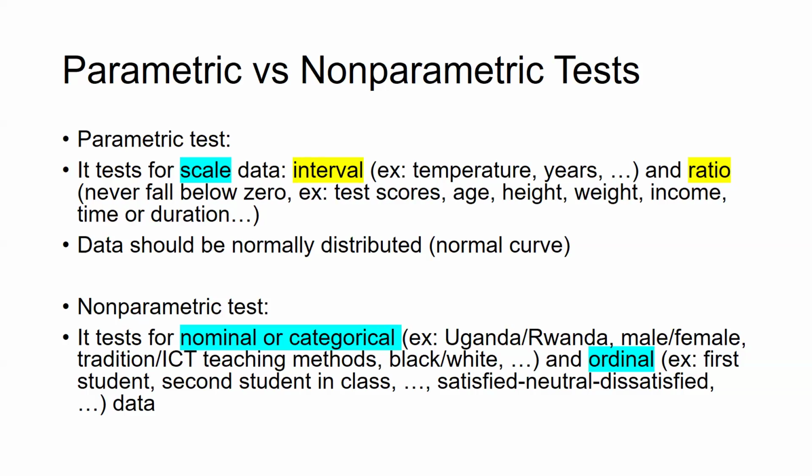Scale data are also called ratios or intervals. Intervals such as temperature, years, and ratios such as test score, age, height, weight, income, time, or duration. And this data should be normally distributed.